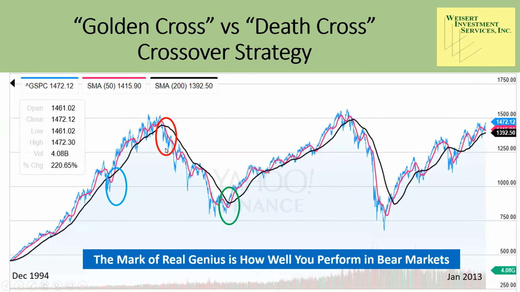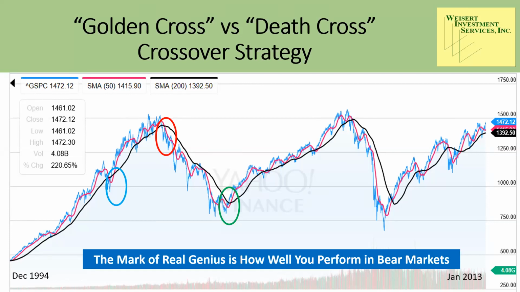And at that point, you would move into cash. And then conversely, with the green circle, that would be a golden cross where the 50-day moving average crosses above. Now, that'll occur with all different time periods, but for a macro perspective, the 50 and the 200 days seem to work well.